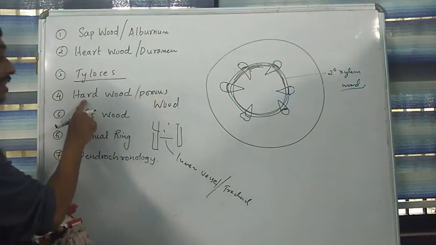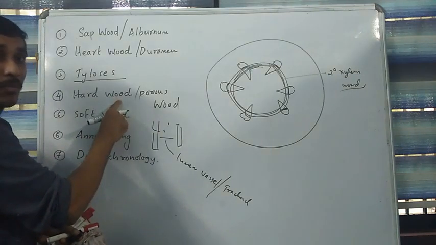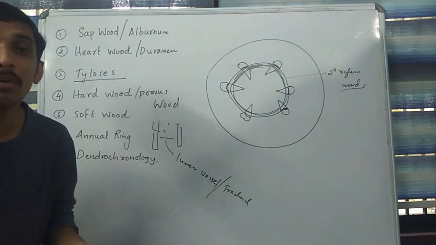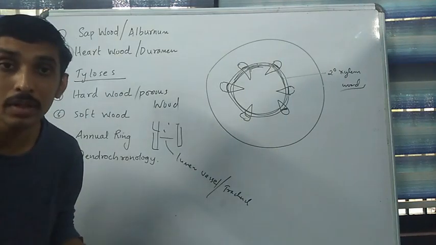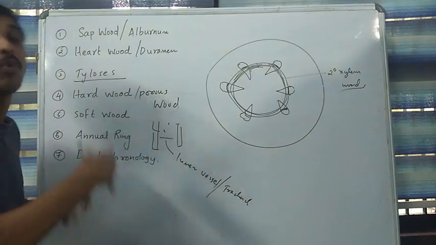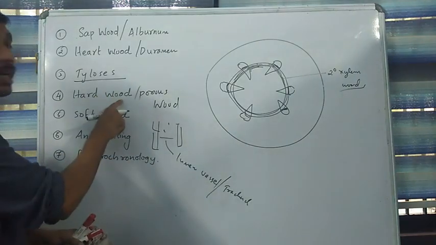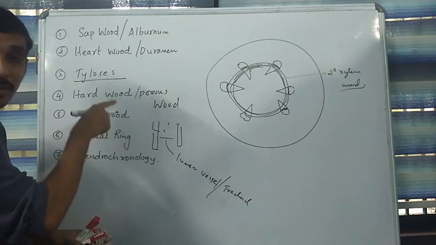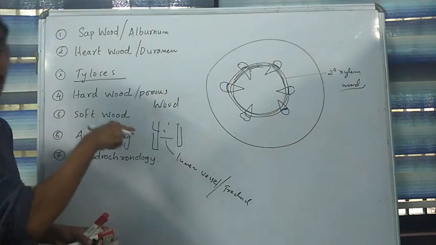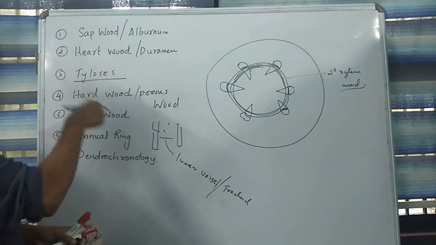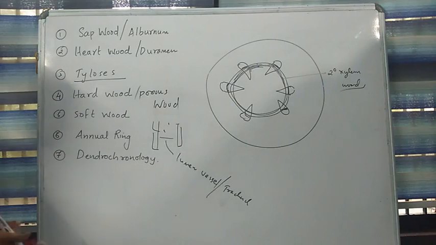And this secondary xylem of dicots, or hardwood, contains a larger amount of xylem fibers. Due to the presence of more xylem fibers within the secondary xylem, it is called hardwood.